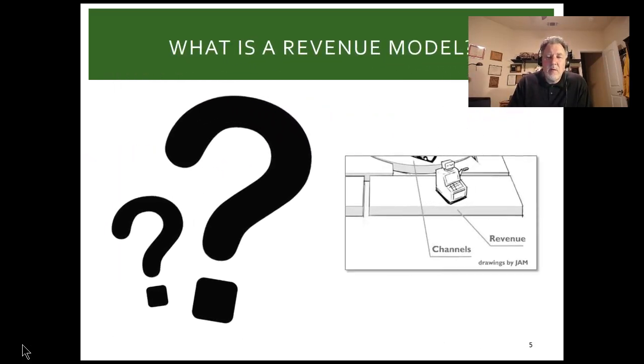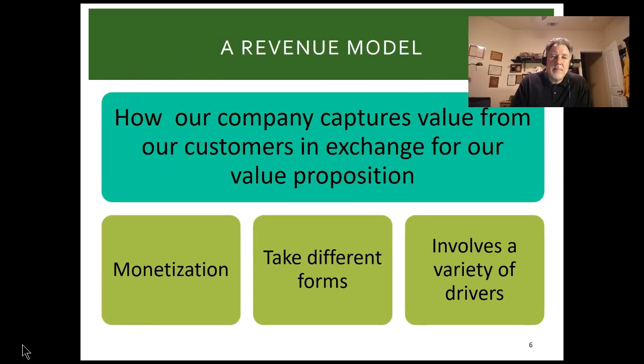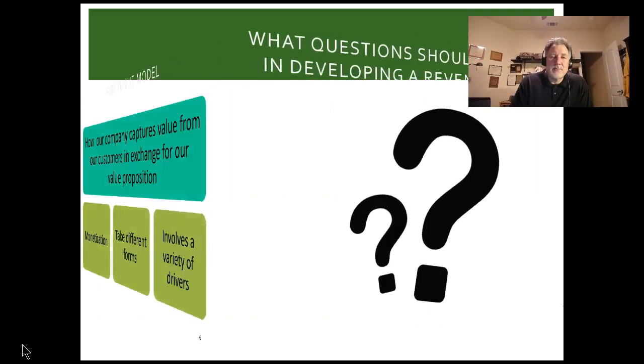Okay, so what's a revenue model? And we've talked about this, so if you want to fast forward to the cost side, get a little more detail, that's fine. But the key is basically how our company captures value from our customers in exchange for the value proposition. As I mentioned, it's how you monetize. This can take different forms and involves a variety of drivers.